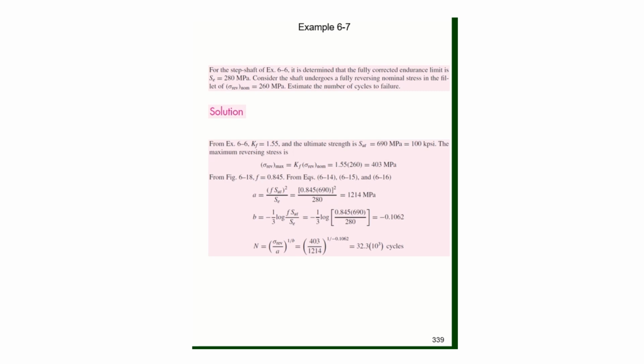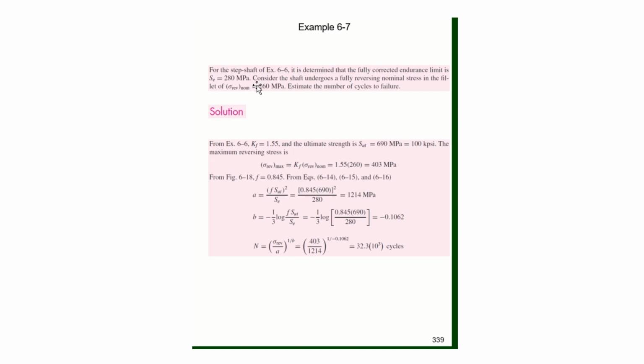So in this example, it's example 6.7 in your textbook, and it says for this step shaft, it is determined that the fully corrected endurance limit is 280 MPa, and that's a great thing to see. Fully corrected endurance limit means SE has already been computed for us.